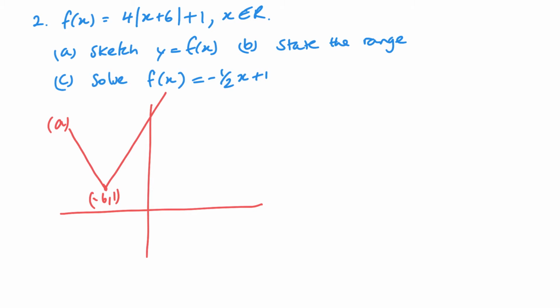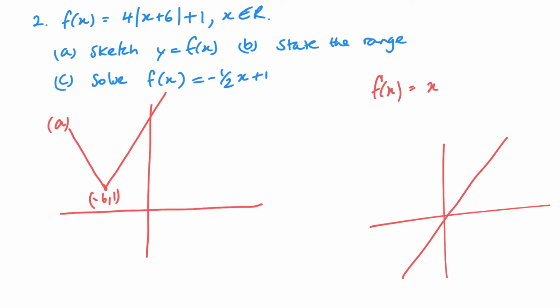Another way you can think of this is, what's happening to it. Think of your transformations. If you imagined you were drawing, let's use f of x rather than y, just x, then that is a graph like this. Now, if I mod that x, then this part of the line goes up like this.